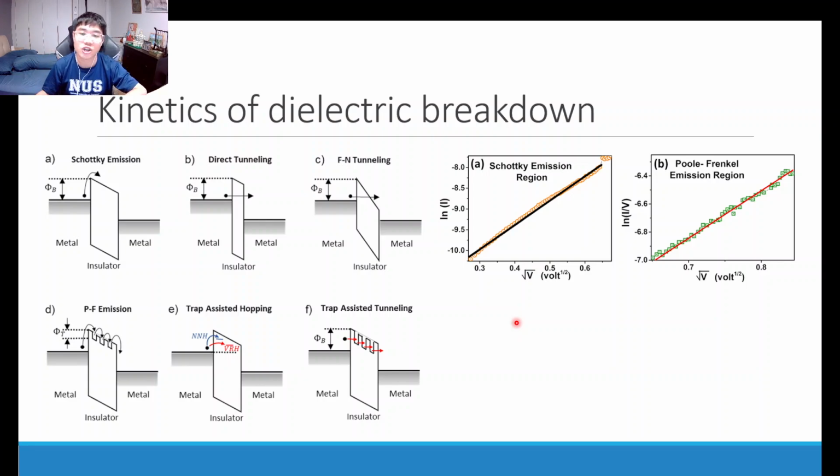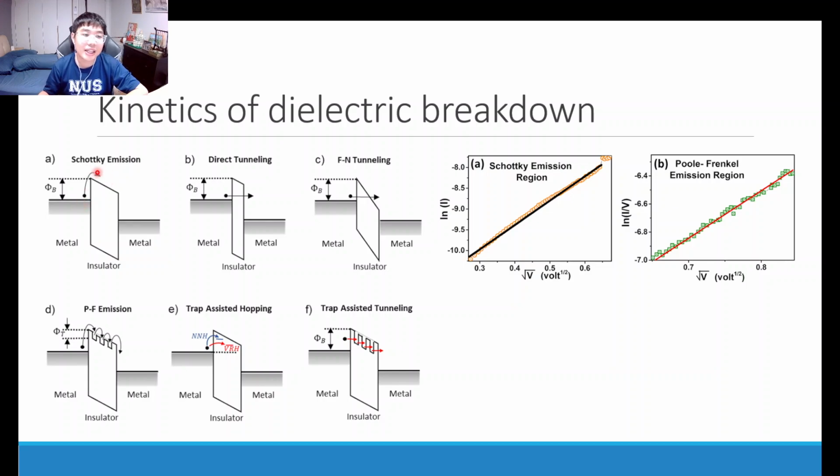So basically, dielectric breakdown can be described using various models. Of course, the first model is the Schottky emission model, where there's basically overcoming of your barrier between the Fermi level of your metal and the conduction band of your insulator.